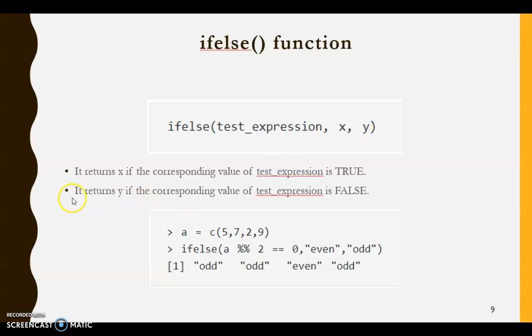As you can see in this slide, it returns y if the corresponding value of test expression is false. So when the value of test expression is false, the condition is not holding. When the value of test expression is true, the condition holds.